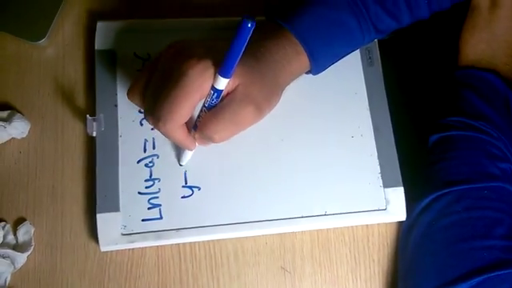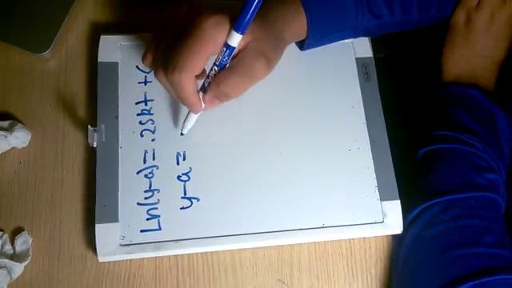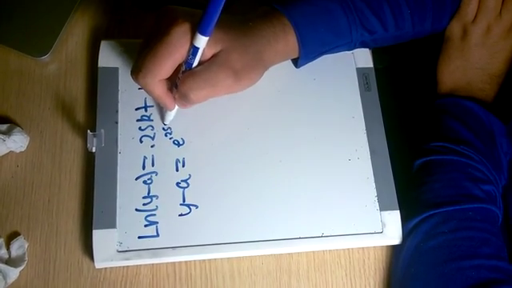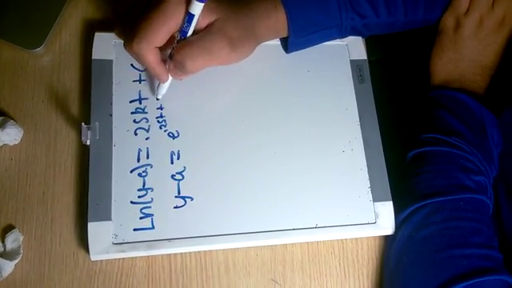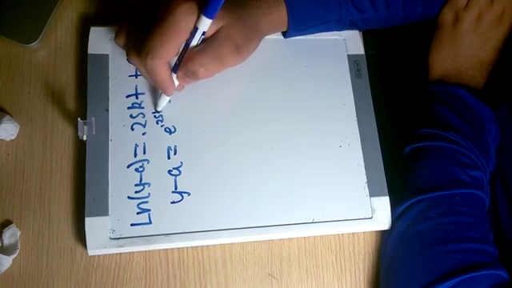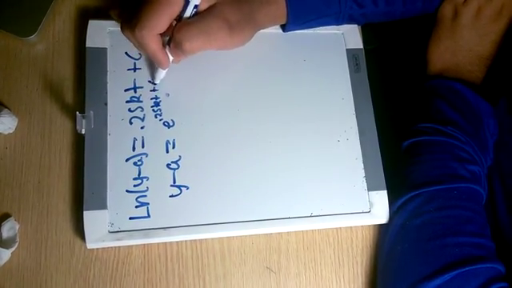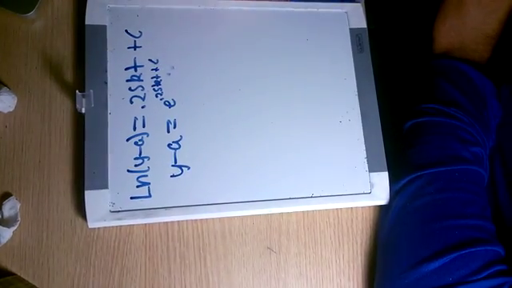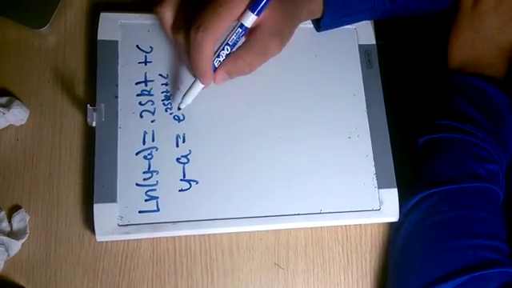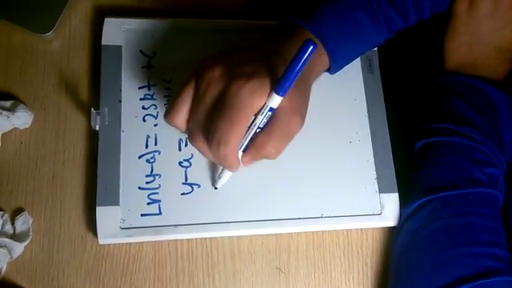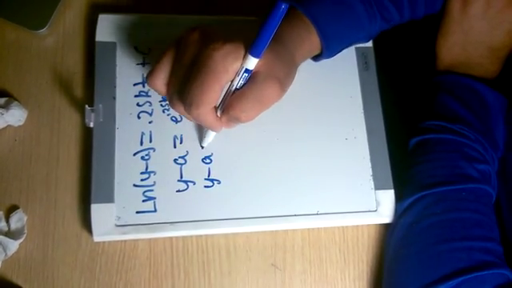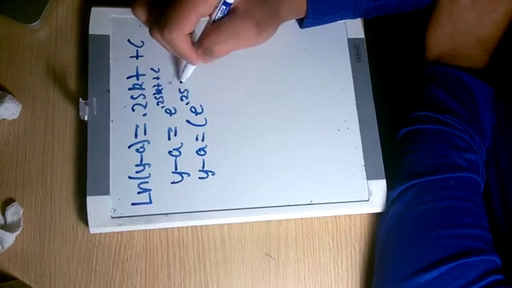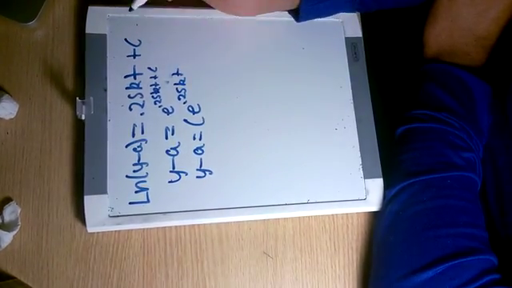So we get y minus a equals e to the 0.25kt plus c. And this e to the c comes down and multiplies, so it looks like y minus a equals c times e to the 0.25kt.